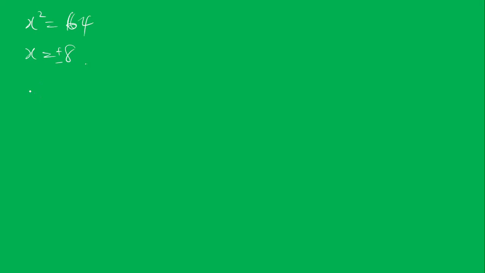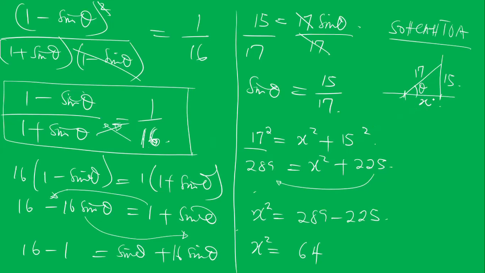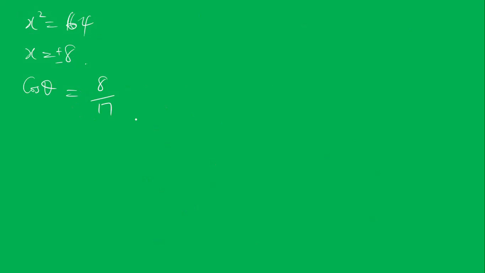That means we have gotten our cos theta, which is equal to 8 all over 17, because 8 is adjacent over hypotenuse, which is CAH. Then now they say we should look for sec theta plus tan theta.